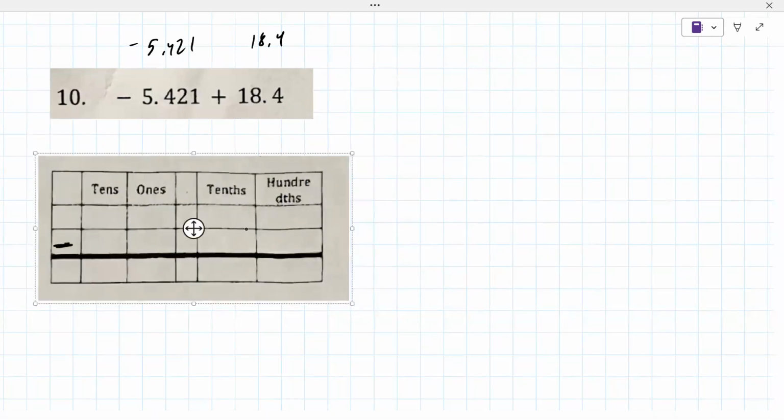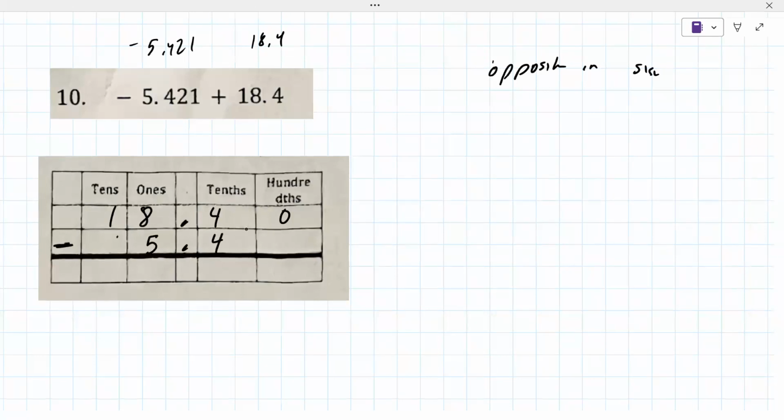If they're opposite in sign, you're going to subtract them. Take the larger and subtract the smaller without the signs.